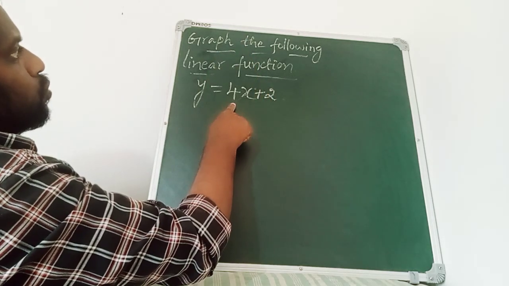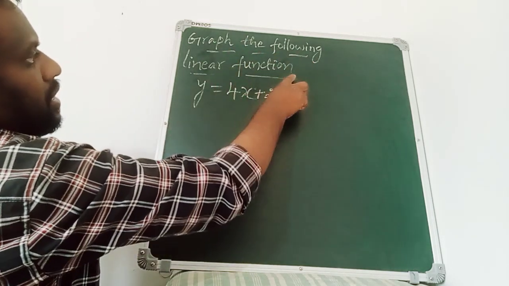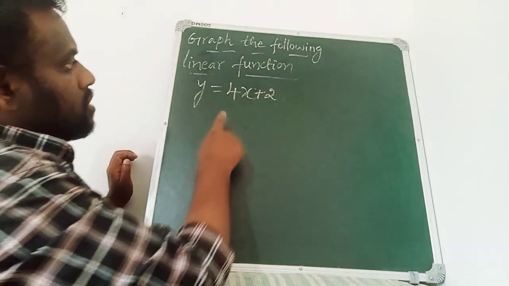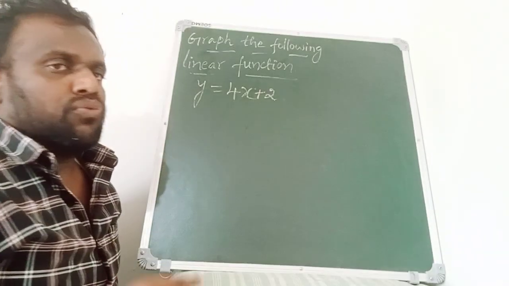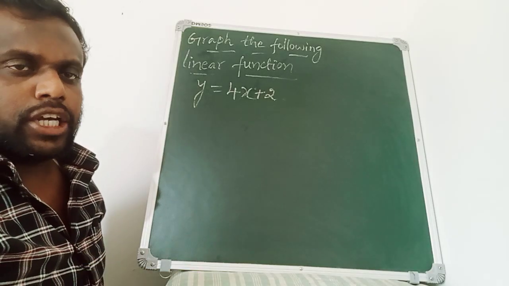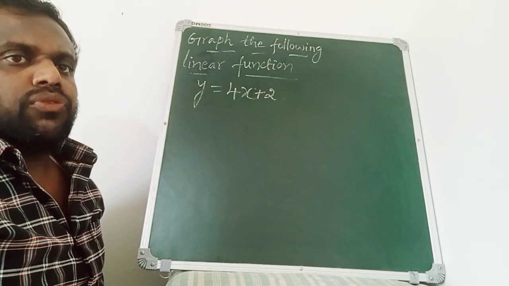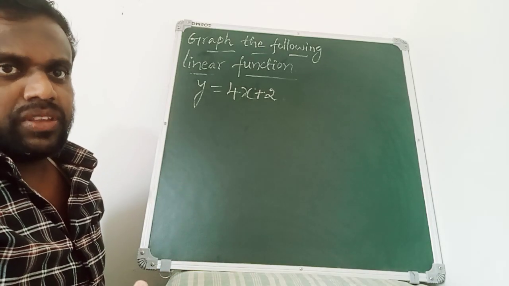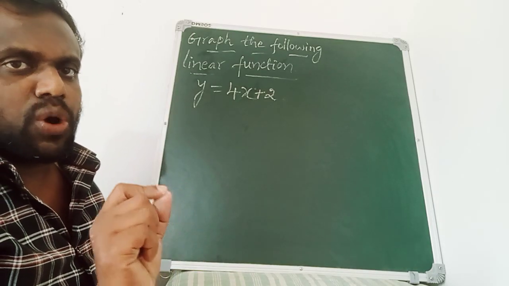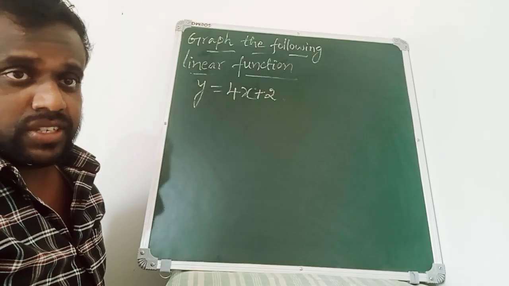Next, what they are telling, graph the following linear function. So this we have to graph. Remember, for other functions like quadratic, cubic and all, we have to find many points. Only 2 points are not enough for other functions.